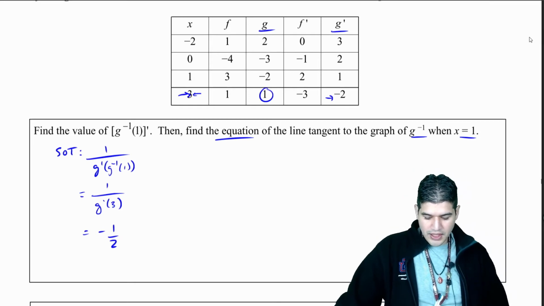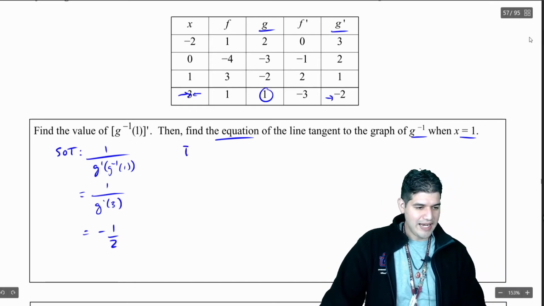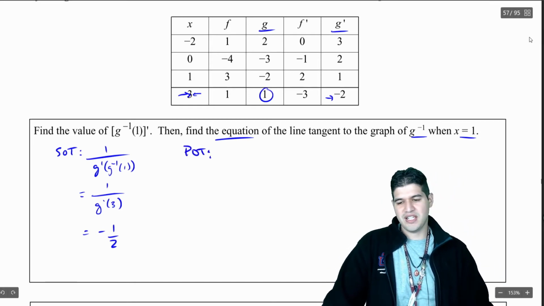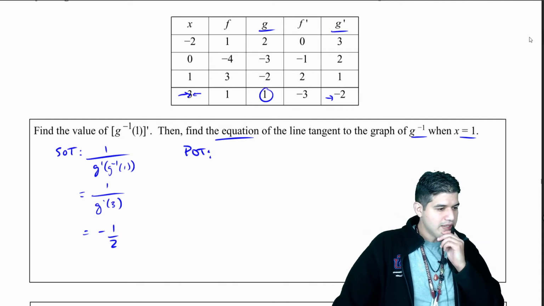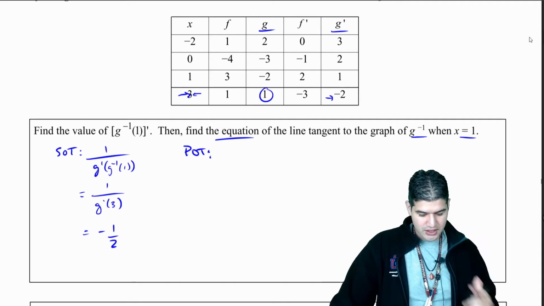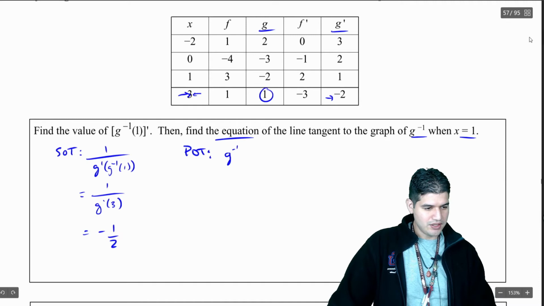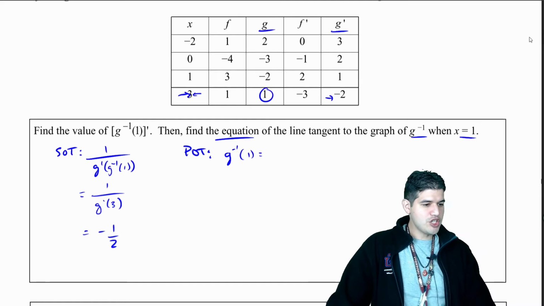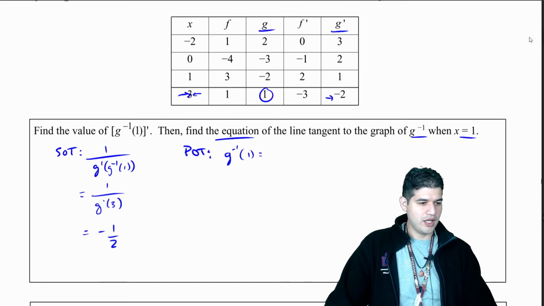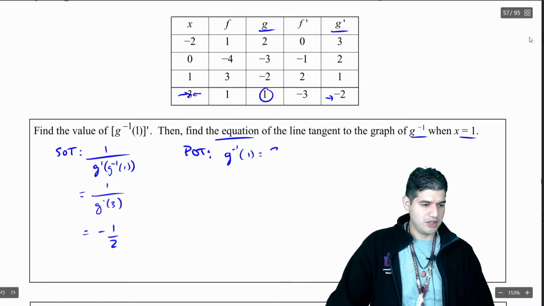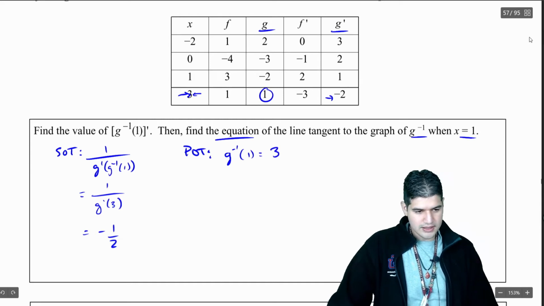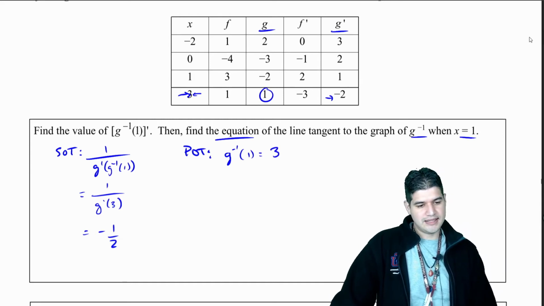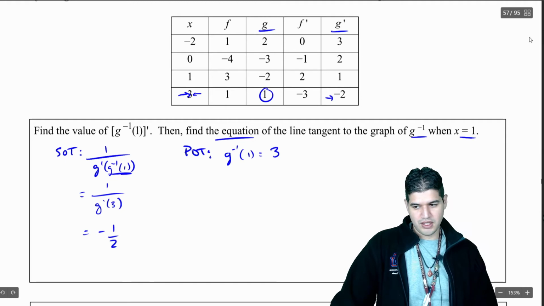Now for the point of tangency, sometimes I do it in a different order, and that's totally fine. We want the inverse of g of 1, which we found to be equal to 3, because we did it right over there.